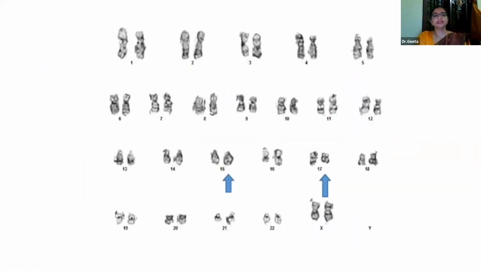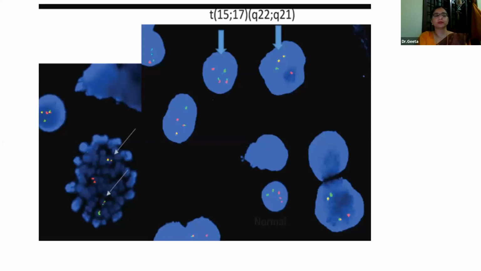So in this case, it's not complete without the genetic evaluation. Here there is this abnormality, translocation 15;17, which has to come along with the morphological and flow cytometric parameters. Here, highlighting that in APML, CD34 as well as HLA-DR, both of these immaturity markers, are negative.